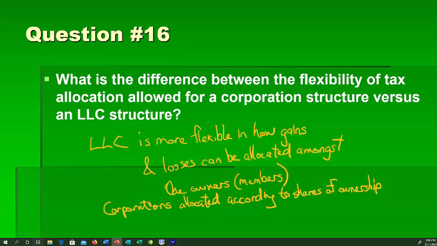So if you own a share of stock, or if you own 2 shares of stock, it has a certain value to it. And so that allocation of profit and loss is governed by that. If it's an LLC, then you can allocate, even though you own 50% of the company, you could get 100% of the losses and use that for tax purposes.